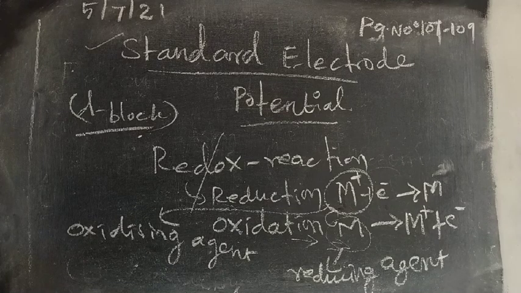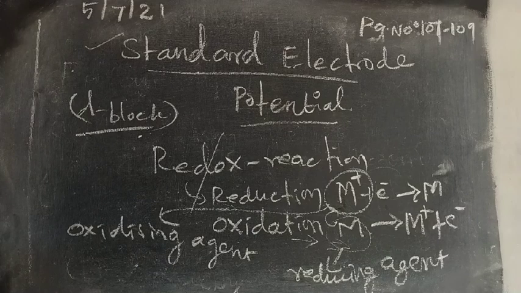Where the oxidation takes place, that atom acts as a reducing agent. Where the reduction takes place, that atom acts as an oxidizing agent. So this is very important, right? One is undergoing oxidation, another is undergoing reduction, one is acting as an oxidizing agent, another as a reducing agent.